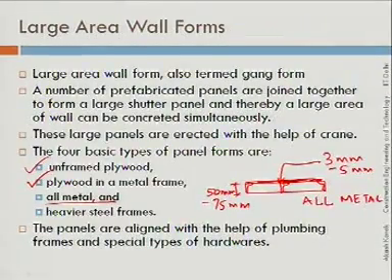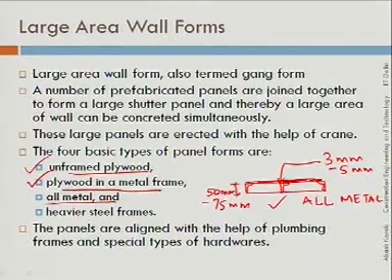In earlier case I had used unframed, then I showed you plywood in a metal frame, and this is the example of all metal panels. Now, there is another type which is used for very deep walls, right? They utilize heavier structural steel sections.